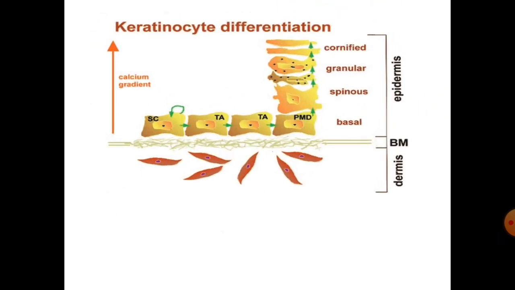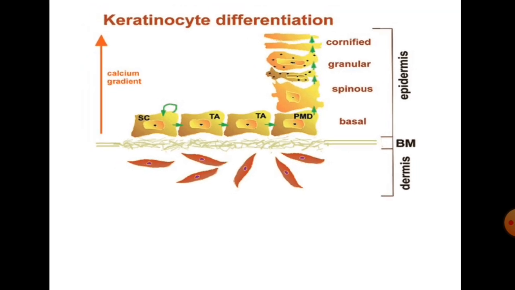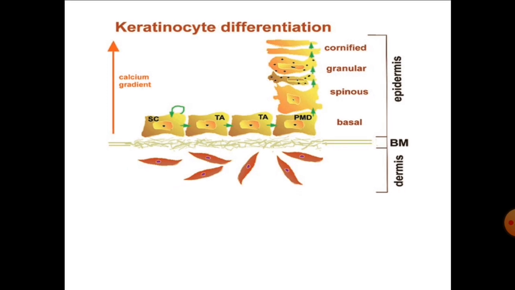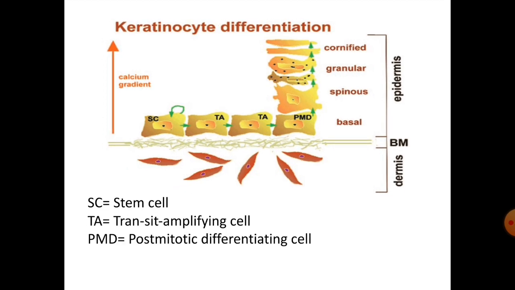You can see the keratinocyte differentiation in this diagram. At the bottom of the epidermis, you can see BM, the basal membrane, and above this basal membrane the epidermis is situated. In the epidermis, at the bottom, you can see SC, the stem cells.